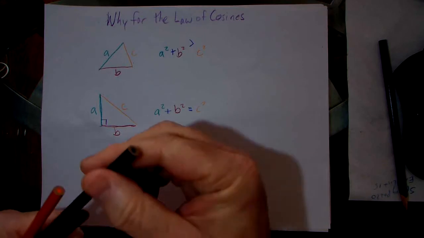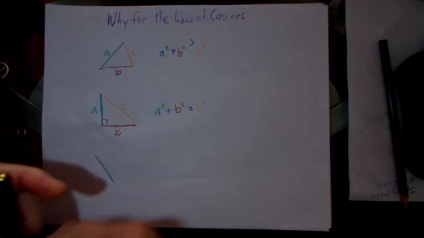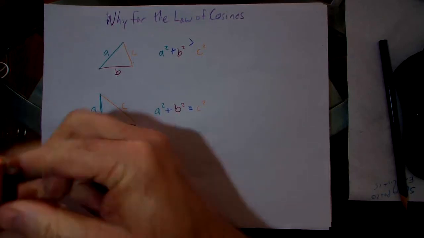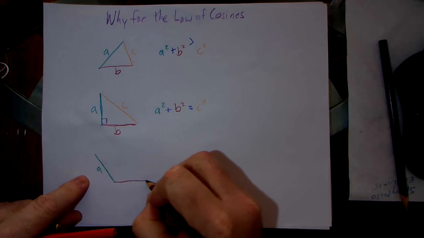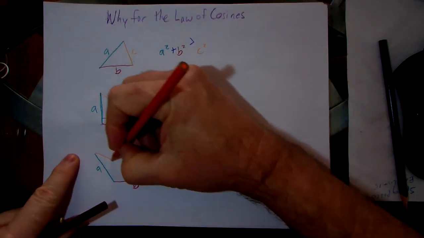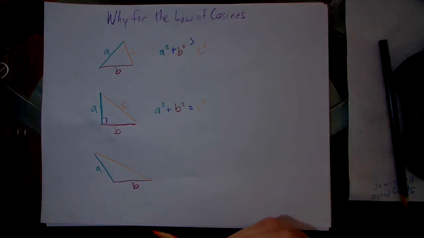Also, if we look at what happens when you have an obtuse angle there, in each of these cases we're keeping sides A and B the same.